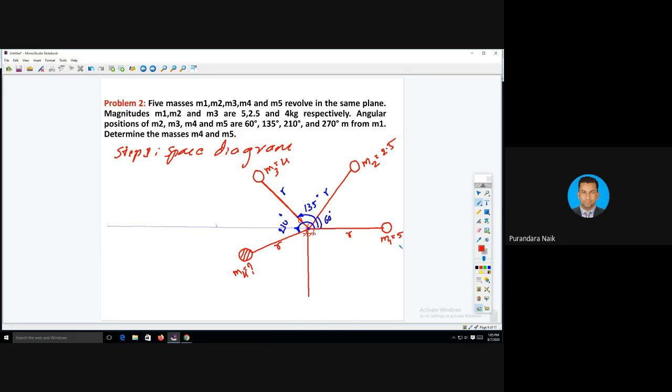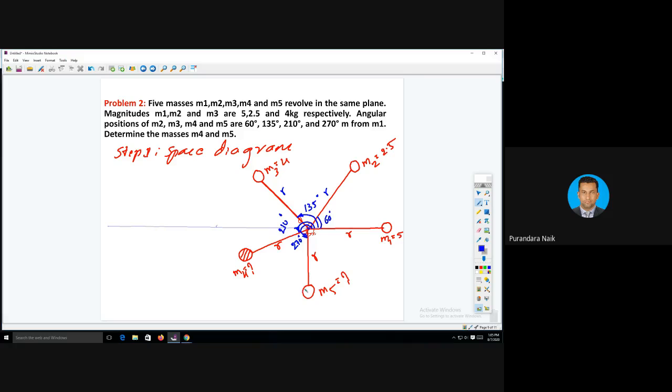Now this is a circle. M5 is unknown, radius is r, but the corresponding angle is 270 degree.